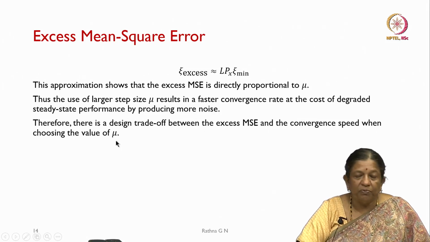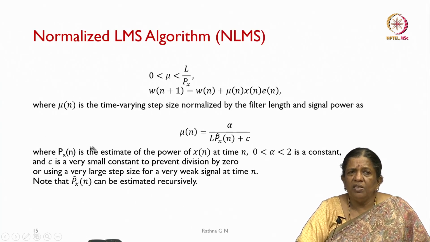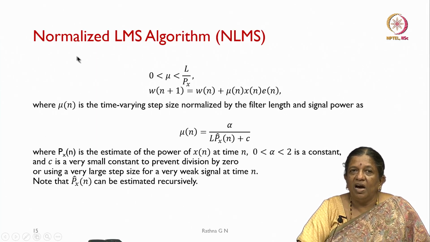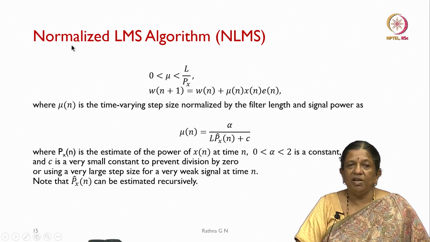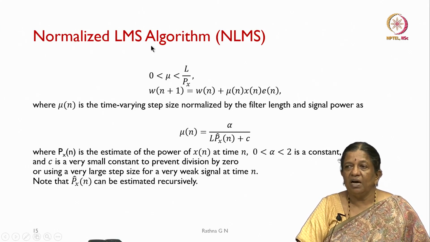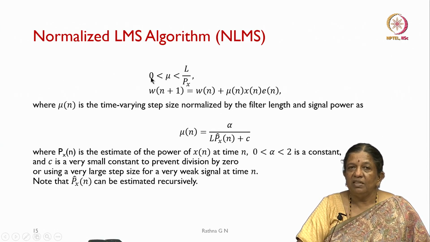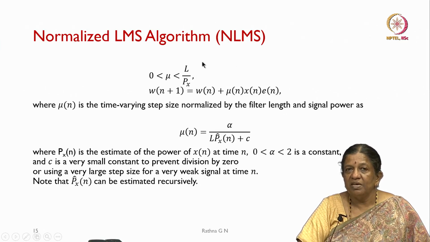So, therefore, there is a design trade off between the excess mean square error and the convergence speed when choosing the value of mu. So, now how can we normalize this mu, or our step size? Later on, what was developed is the normalized LMS algorithm, which is given by this equation, that is 0 is less than mu, which is less than 2 by L Px. Here L is the length of our filter, and Px is the power which we have to calculate.